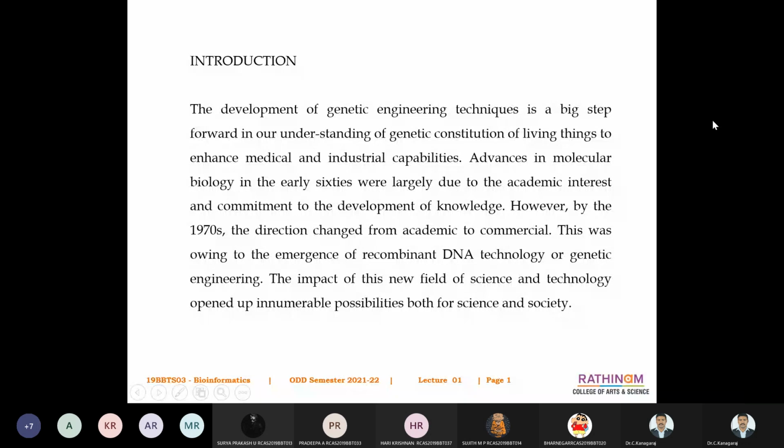So what is bioinformatics? Bioinformatics is structural based studies of genomes. Okay, structural based studies of genomes.